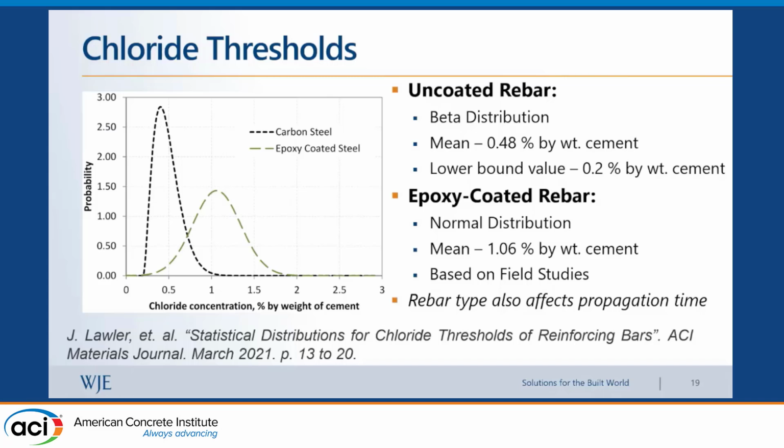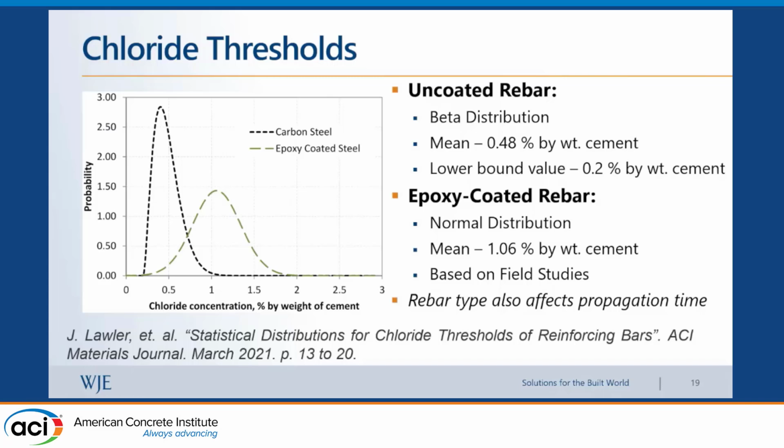This is in the same general range as the recent study by the 222 committee to develop a standard test method for the chloride threshold. That study found a mean value from the round robin testing of about 0.4% by weight of cement, so it's pretty consistent with what we use here based on the literature review.